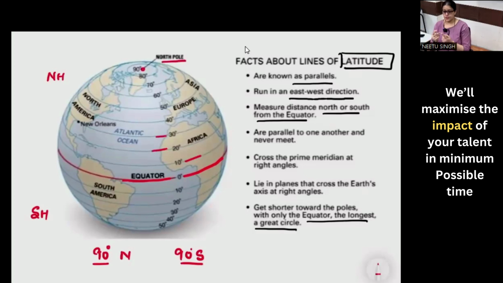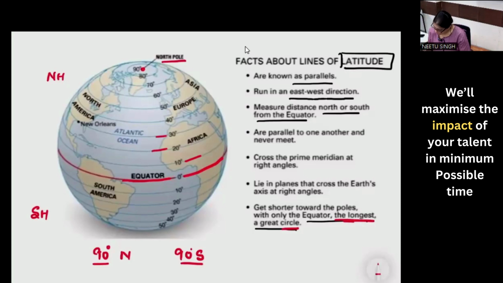Have we noticed that latitudes go on decreasing in their size as I increase the sign of latitude? That is the reason equator is the longest circle. Keep great circle aside. Poles are just the dot, and equator will be the largest circle that is dividing our globe into two parts, northern and southern hemisphere. First thing this.